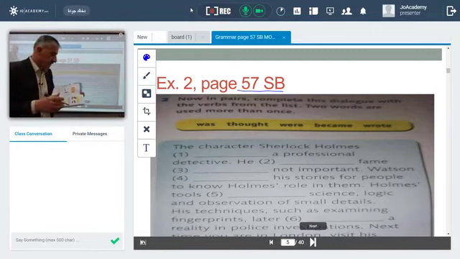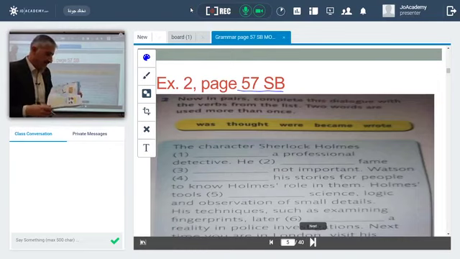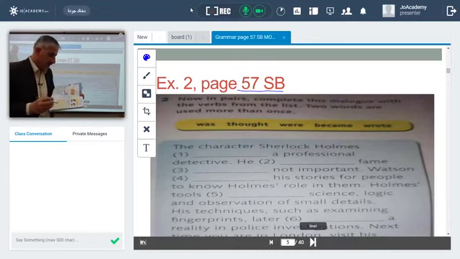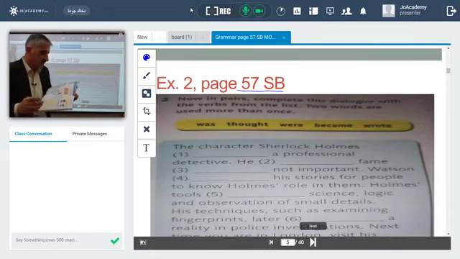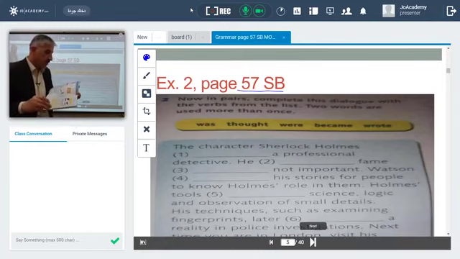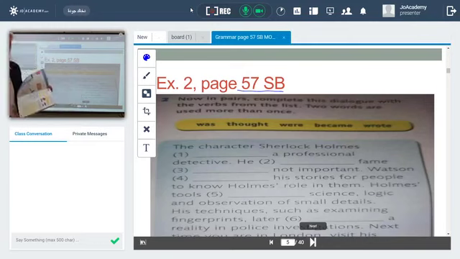We have 5 verbs, and we have to fill the gaps here. Here it's required: now in pairs, complete this dialogue with the verbs from the list. 2 words are used more than once. So we have was, we have thought, we have were, we have became, we have wrote. All of them are in the past form.